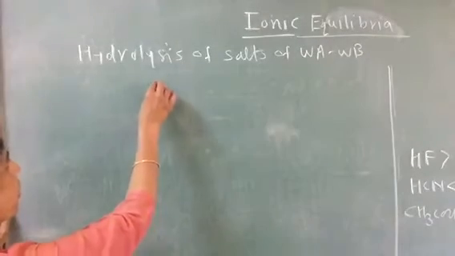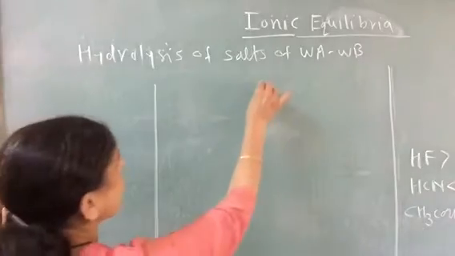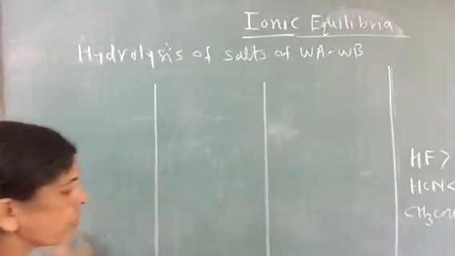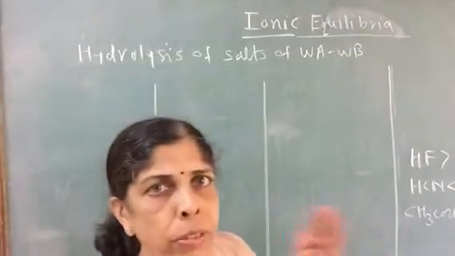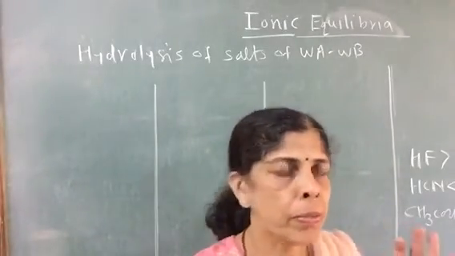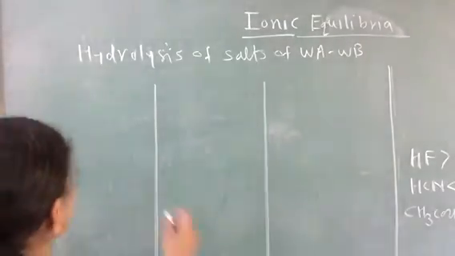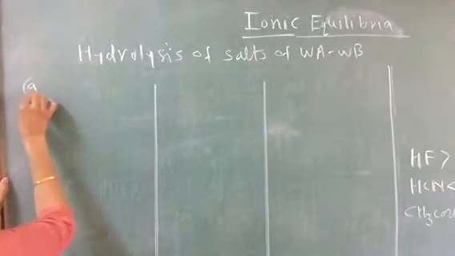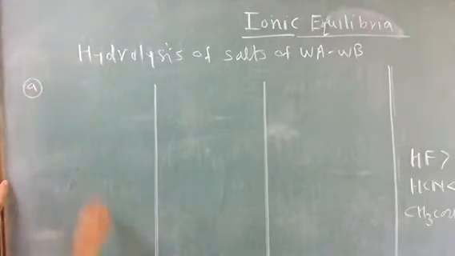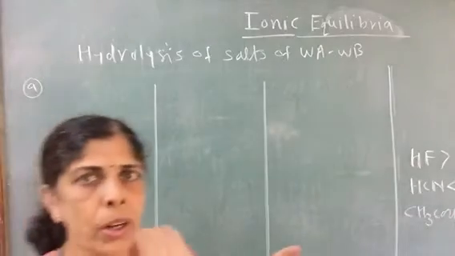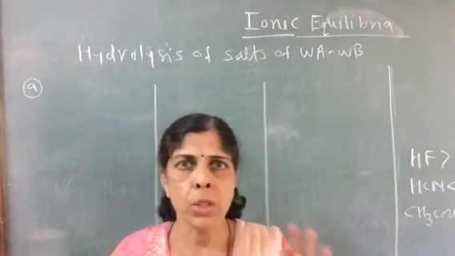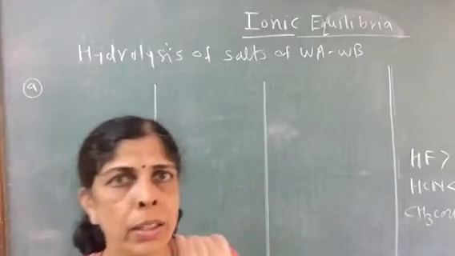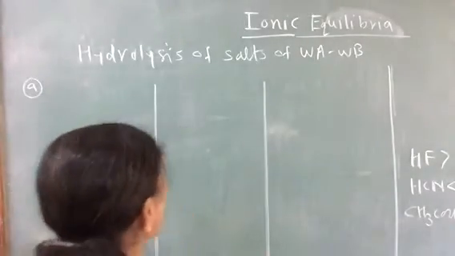So under this we are going to consider three different categories. In all the three the salts are of weak acid and weak base. In the first category we are going to see a salt in which the acid involved in formation of the salt is a little bit stronger than the base which is involved.